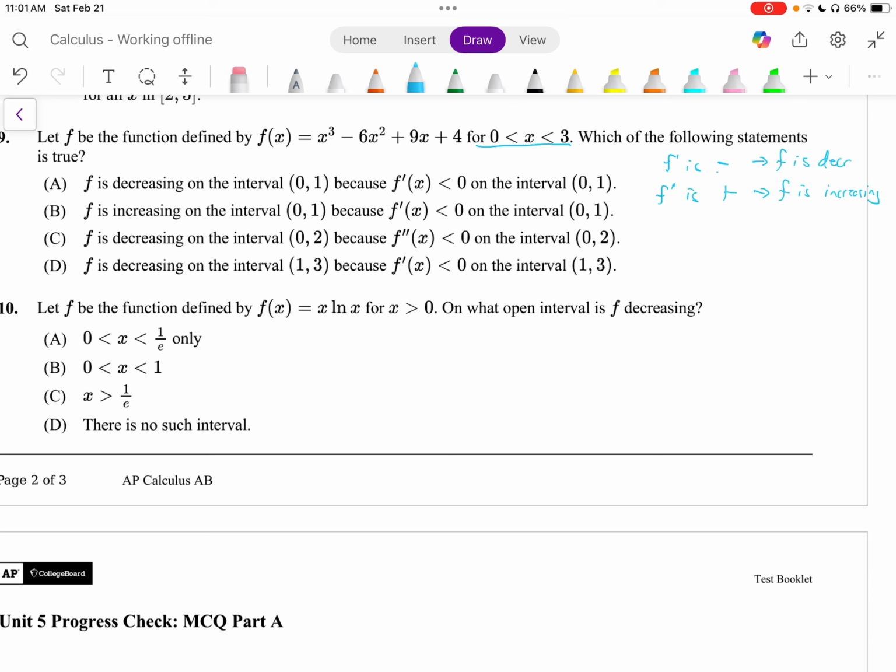So let's find the derivative. The derivative is 3x squared minus 12x plus 9. We want to set that equal to 0. And at the same time, we see that 3 goes into all those, so we'll divide everything by 3.